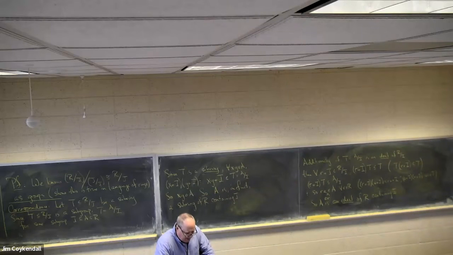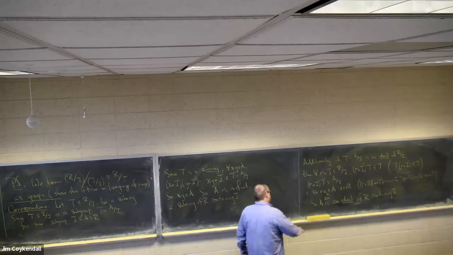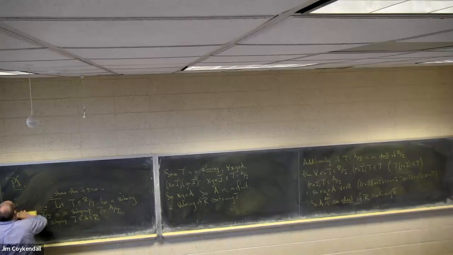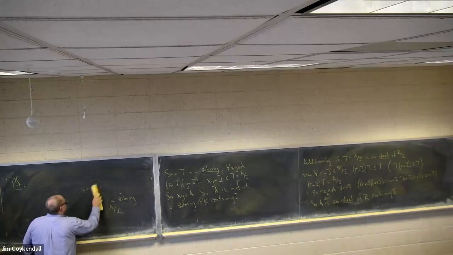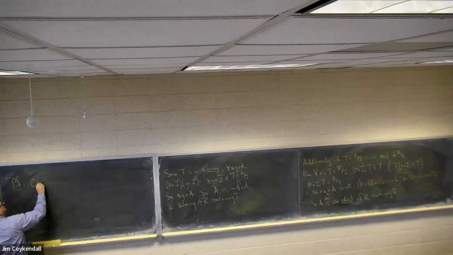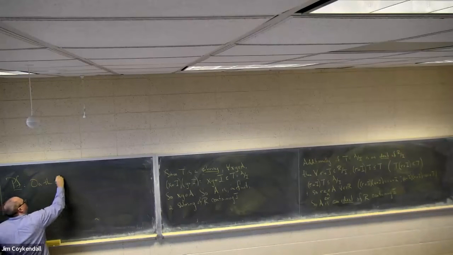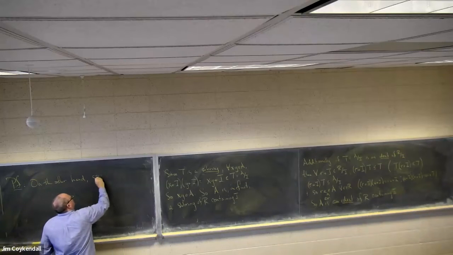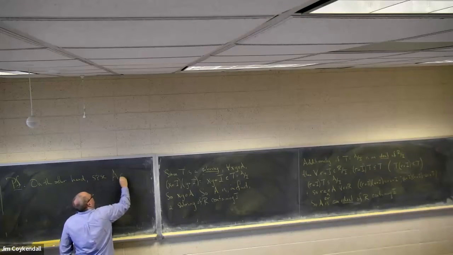On the other hand, let's suppose that A is a subring of R containing I. Suppose A and R.